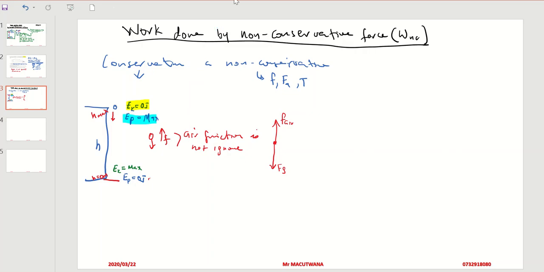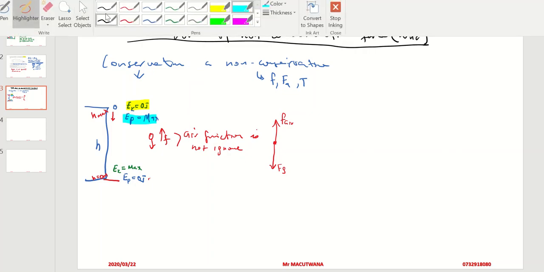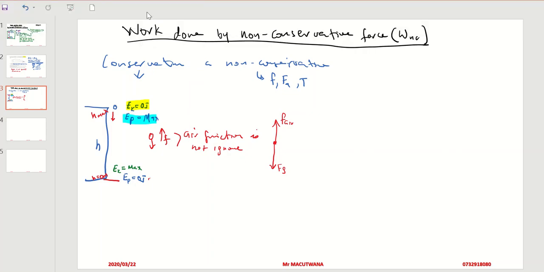So with EP equals mgh, if the height here is 0, your EP will be 0 joules.